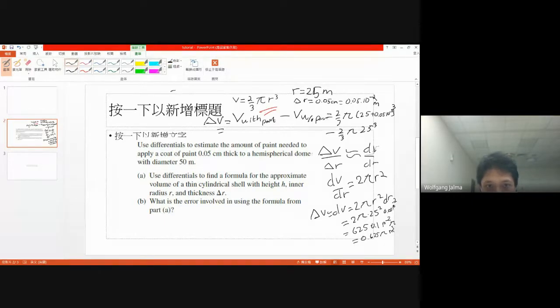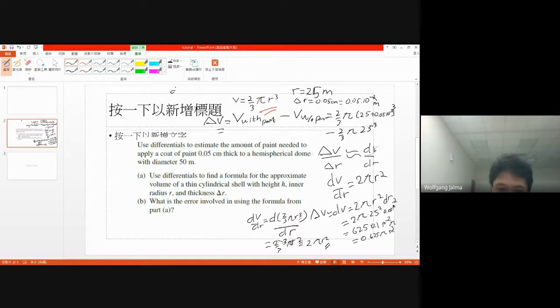So what is dV/dR? dV/dR is d of 2 over 3 pi r cubed over dr, right? Because it's power 3, it becomes r squared, and the 3 goes to the front and times 2, so 2 over 3 times 3, and times pi. So we have 2 pi r squared. So there is no 2 over 3, but 2.